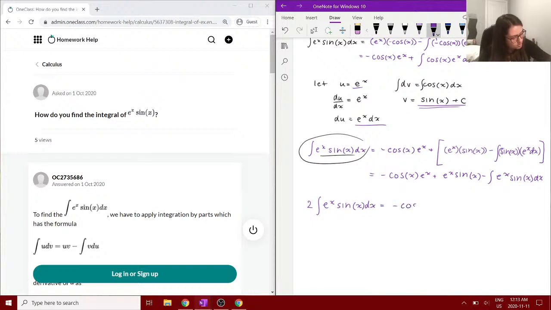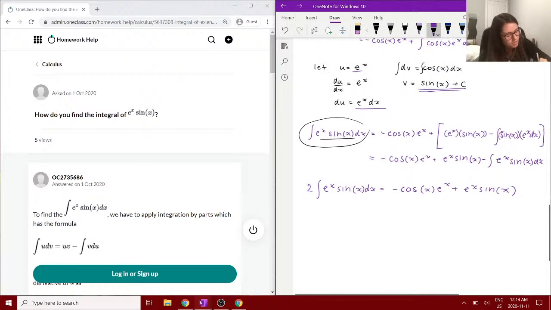And then the minus cos x e to the x plus e to the x sine x. And there we go. So as you can see, on the left-hand side, we have the integral that we are trying to figure out. And on the right-hand side, we don't have any more integrals. So it's a solution, right?